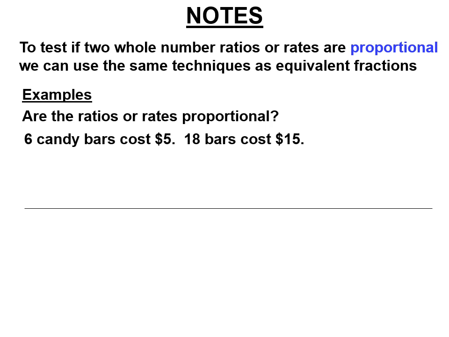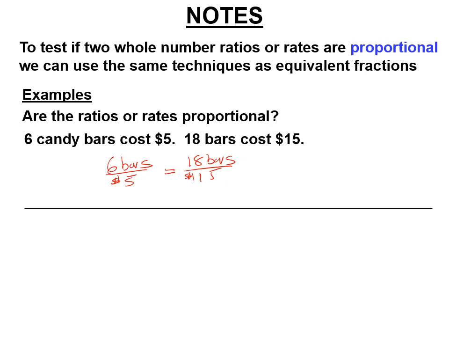Okay, so we're going to see if these ratios are proportional. We have 6 bars for $5. Is that equal to 18 bars for $15? Well, it's the same math we've been doing.